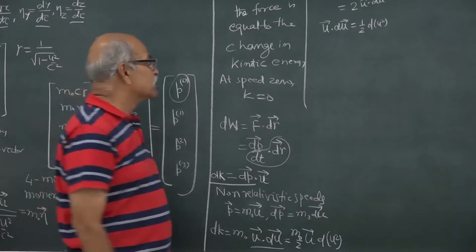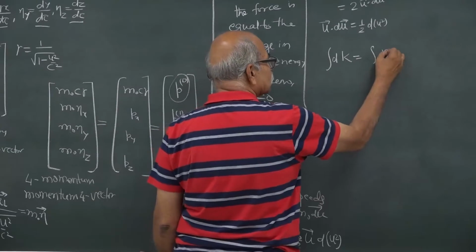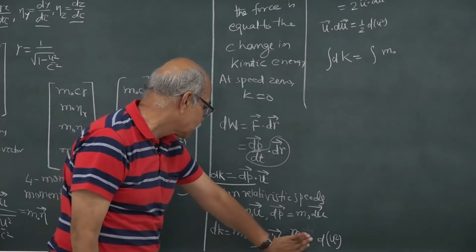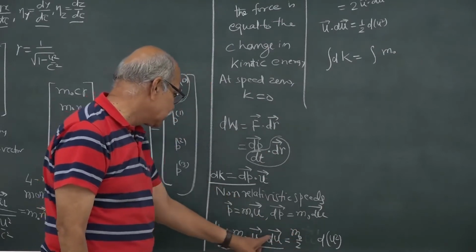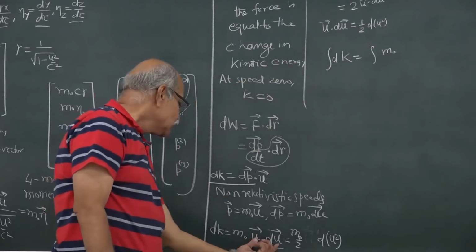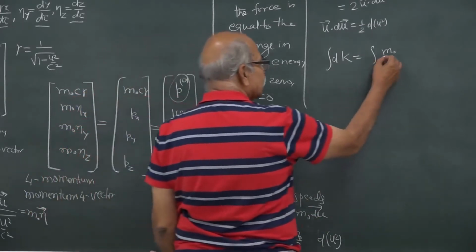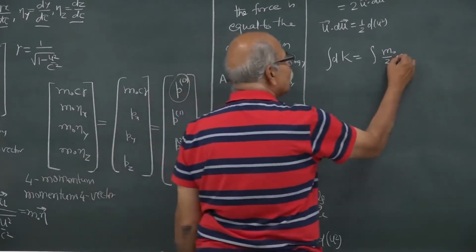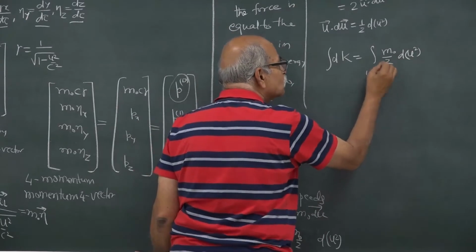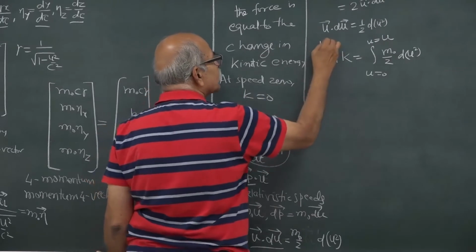So, we integrate this expression dK, and this side is m naught by 2 and d of u square, u going from 0 to u, and kinetic energy will go from 0 to K.